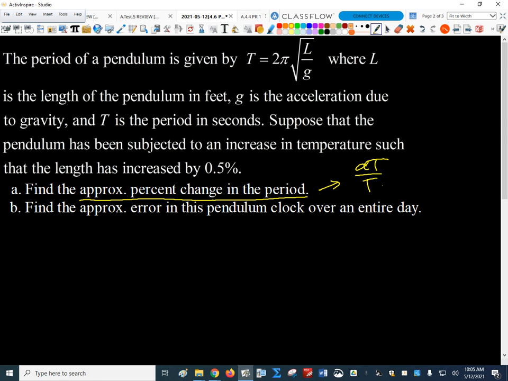So if that's T, let's calculate the differential. So what's dT? I want you to think about it. Everyone take a second, and give this a little thought, maybe scratch something out on scratch paper. See if you can come up with something for this.